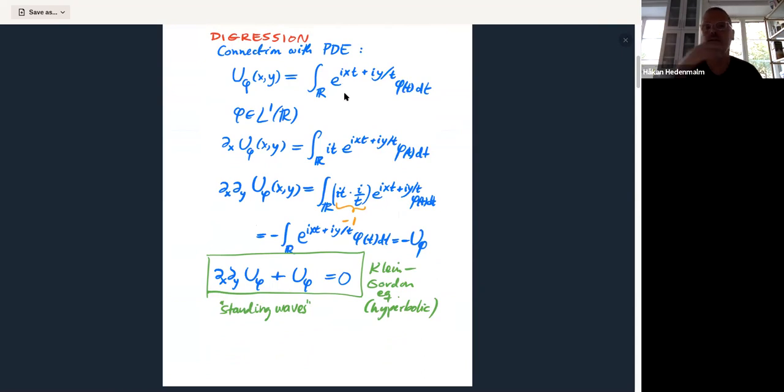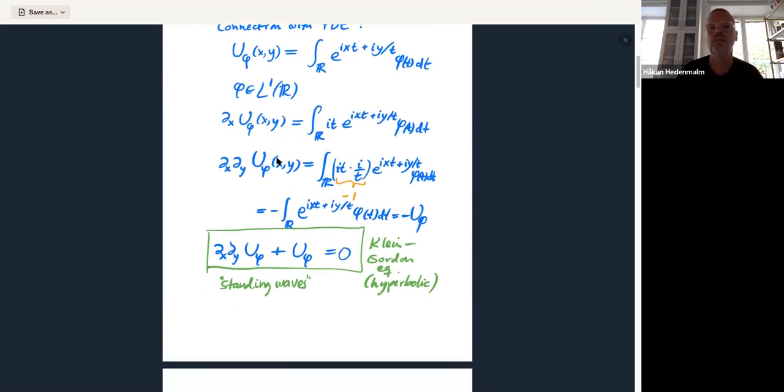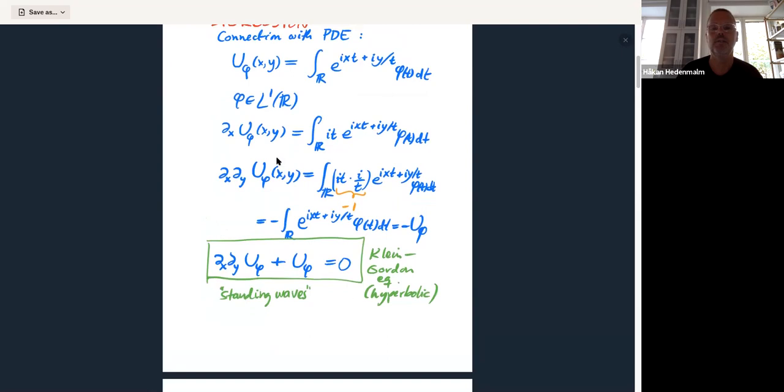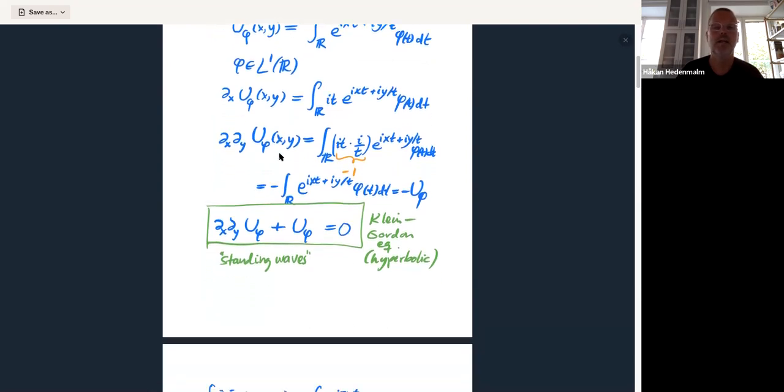And this type of solution is built from basically finding a standing wave and adding up a continuous family of standing waves. So maybe these exponentials are better to call standing waves, and then adding up several by integrating against this function phi, we get a collection of solutions with a little bit smoother behavior than the standard standing waves.